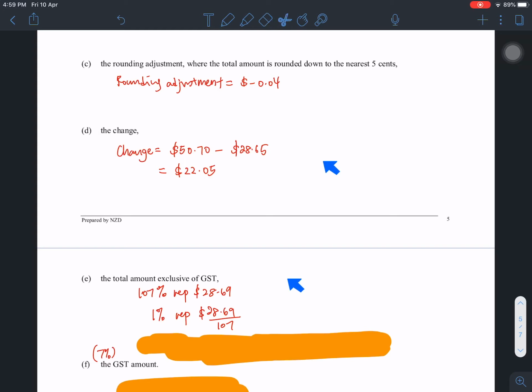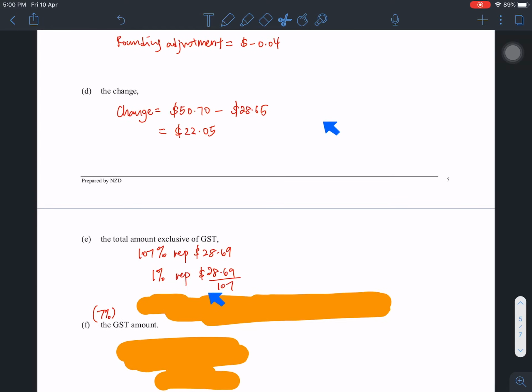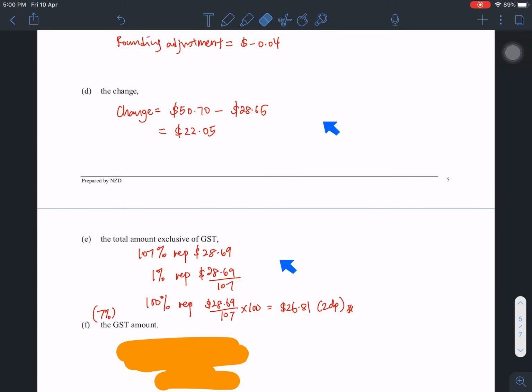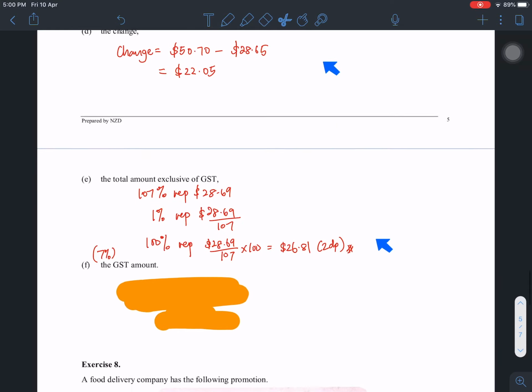And if you would like to find the total amount exclusive of GST, that would simply be 100%. So we will simply find 100%. So this 1% multiplied by 100, and then you get $26.81, corrected to 2 decimal places.